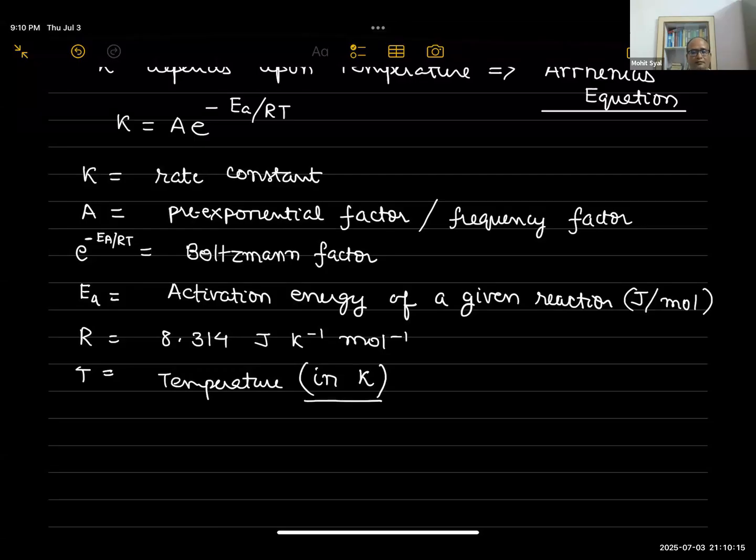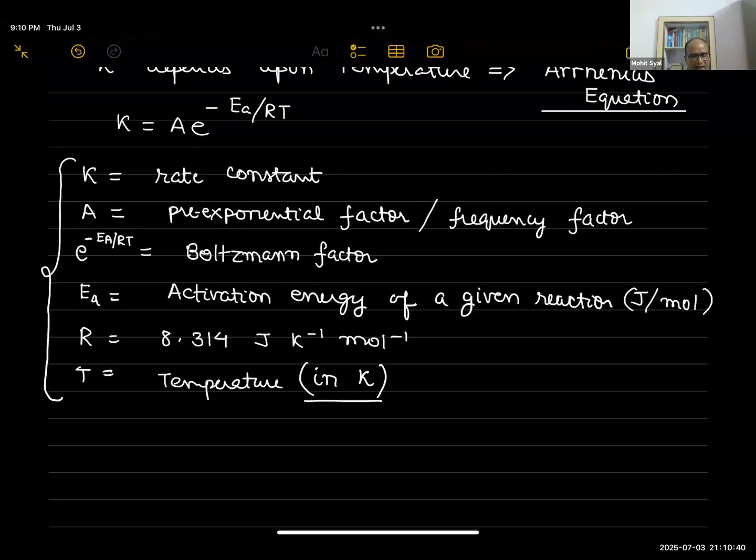Is it clear or not? Yes, sir. So this is the whole equation which relates the K, the rate constant, with the temperature.